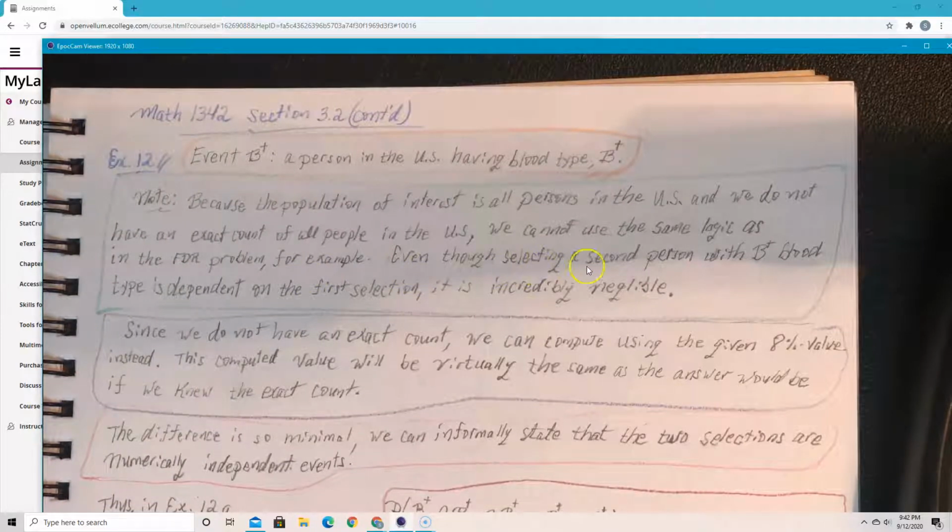Even though selecting a second person with B positive blood is dependent on the first selection, it is an incredibly negligible dependency. Because we're talking about hundreds of millions, close to whatever it is, 360, I lost track.